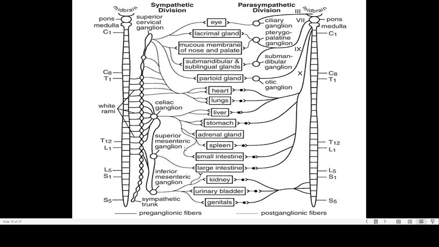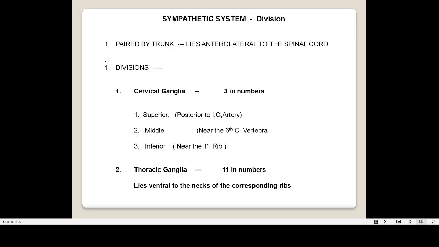Both the organs are innervated by the sympathetic as well as the parasympathetic divisions. The sympathetic division has a paired trunk that lies anterolateral to the spinal cord. The cervical ganglia are three in number: superior, middle and inferior.